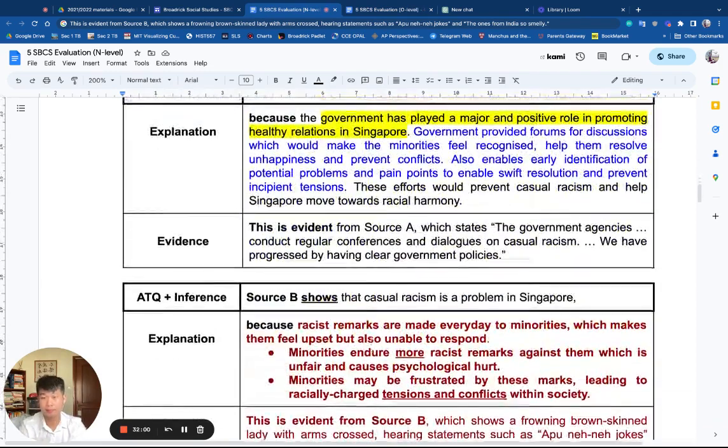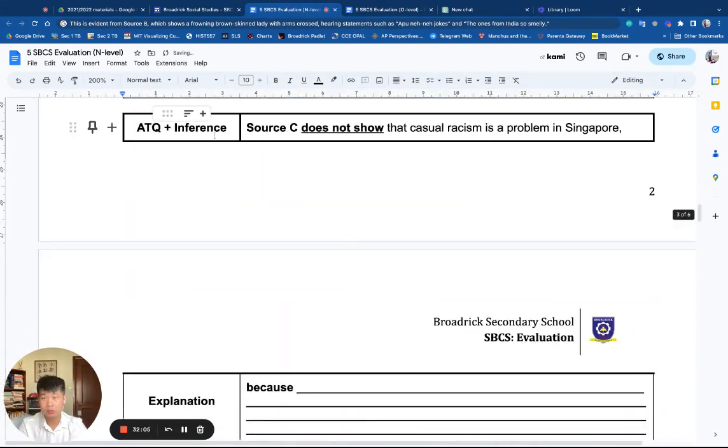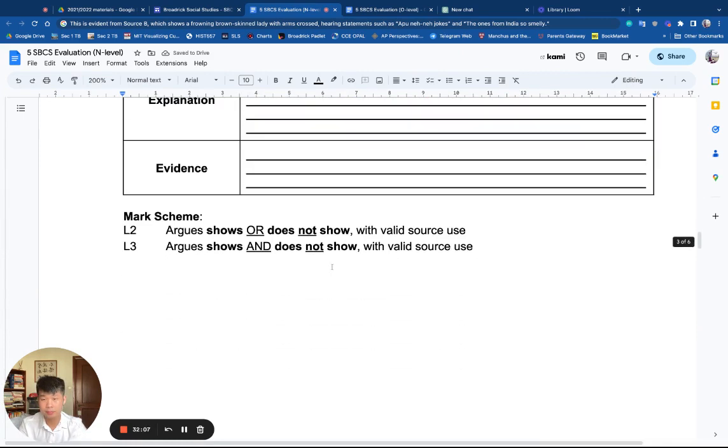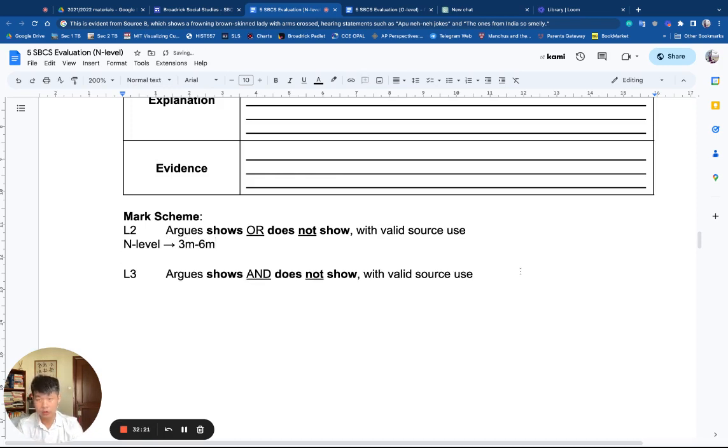Marking scheme. So the mark scheme is at the bottom. L2 shows or does not show. For N level, this is 3 marks to 6 marks. And for N level, L3 shows and does not show.